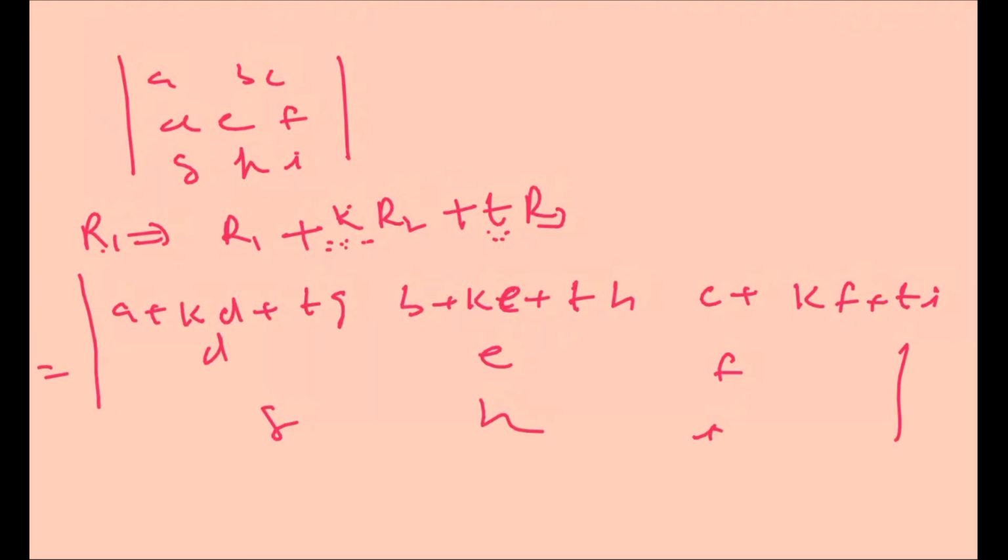So if there are 3 rows, you can use it in any 2 rows or any 2 columns. If you are using a row, then use only rows here. If you are using a column, then use only columns. This is a very important property. When we go to the questions, we can understand it better.